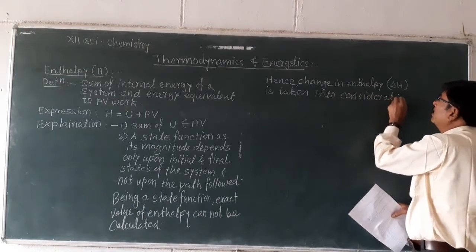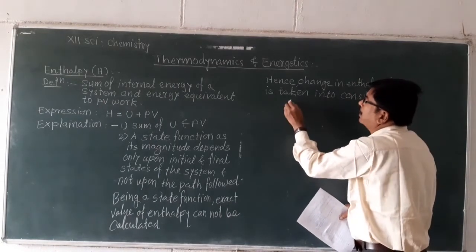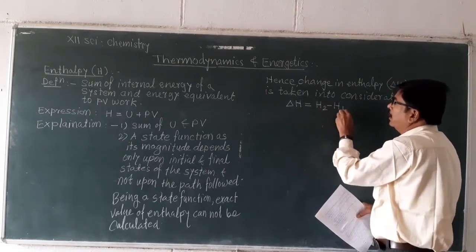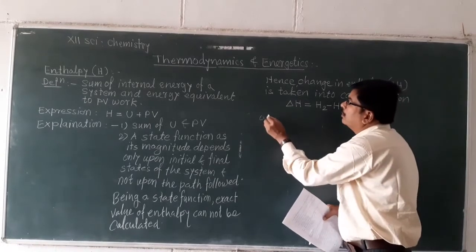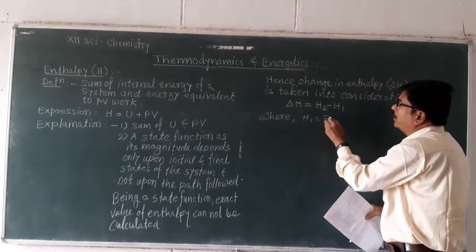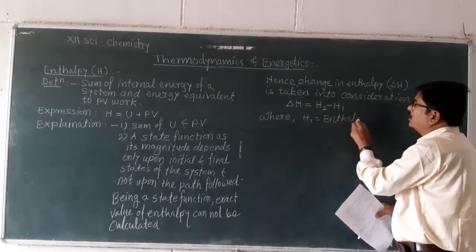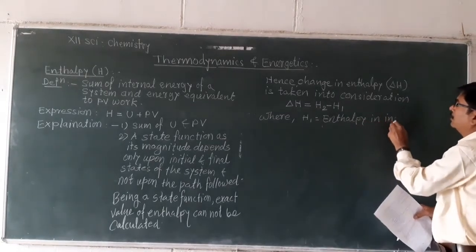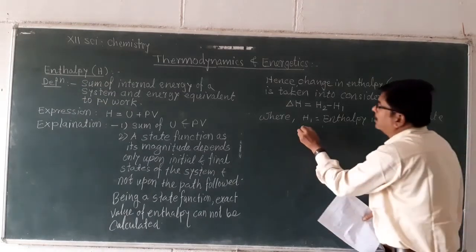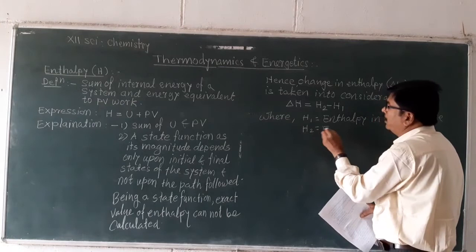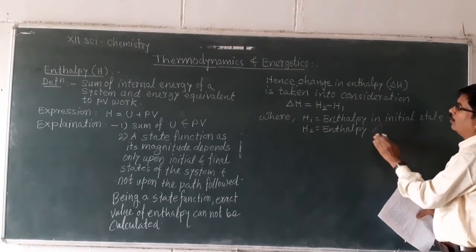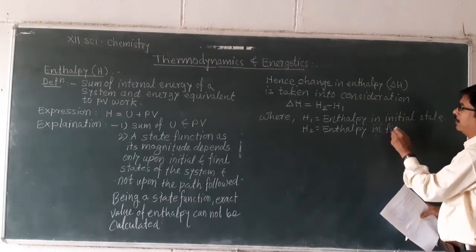And it is given by this equation: delta H is equal to H2 minus H1, where H1 is enthalpy of the system in initial state, and H2 is enthalpy of the system in final state.